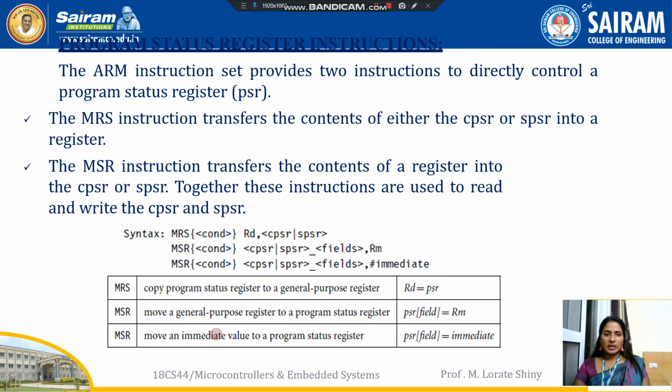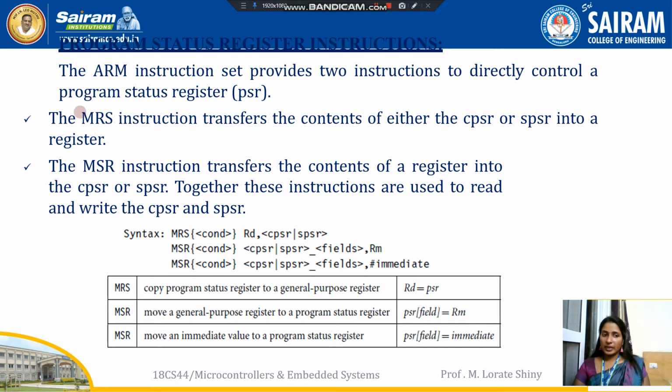Next is the program status register instruction. There are two instructions to control the program status register. We have two program status registers, CPSR and SPSR, the current program status register and the saved program status register. To control these two, we have two instructions, MRS and MSR. In MRS, M means move, R is the processor general purpose register, and S is either SPSR or CPSR.